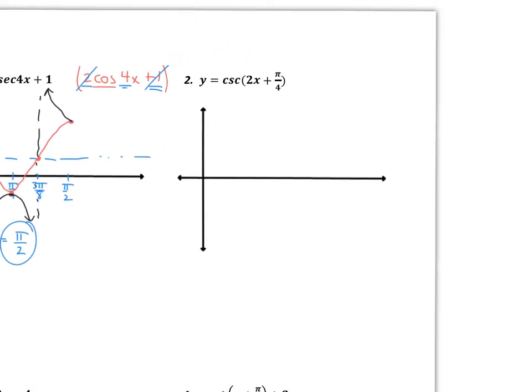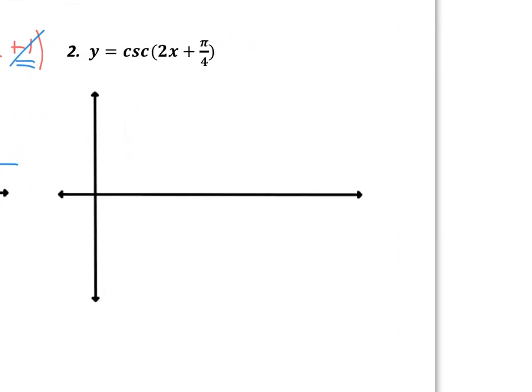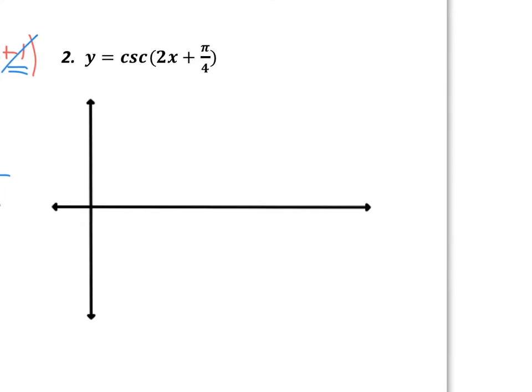Let's go to number 2 then. This one is going to involve a phase shift. So first thing, even with these secants and cosecants, always write it in factored form. So cosecant of what? 2, parentheses, x plus pi over 8.